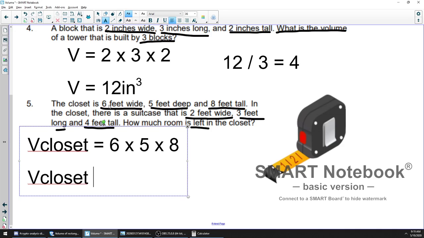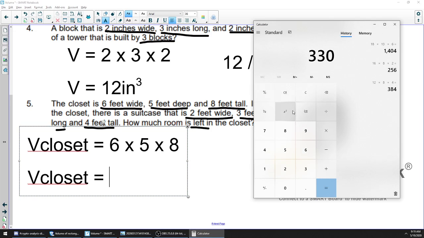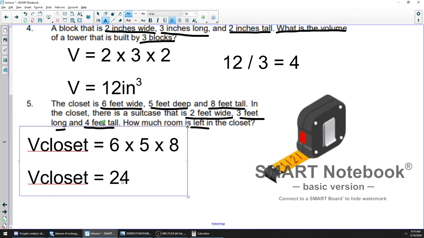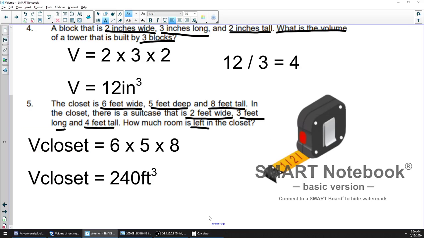So the volume of the closet equals 6 times 5 times 8, 240 feet cubed. Now we have a suitcase. Let's find the volume of the suitcase.